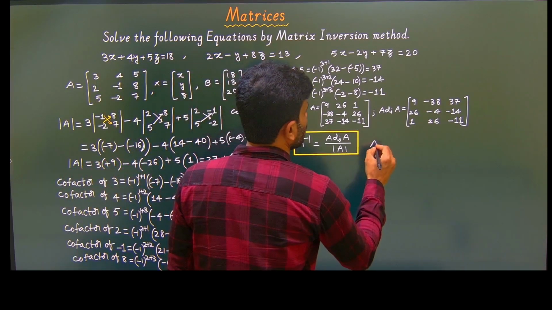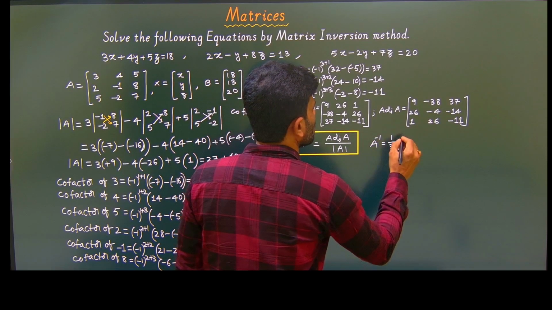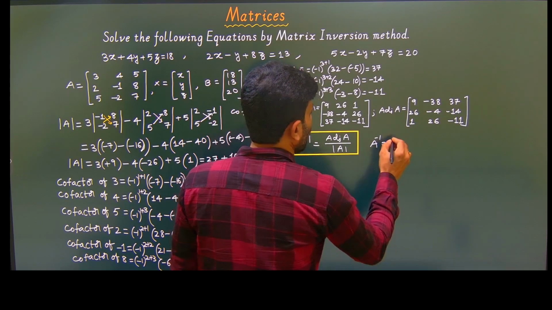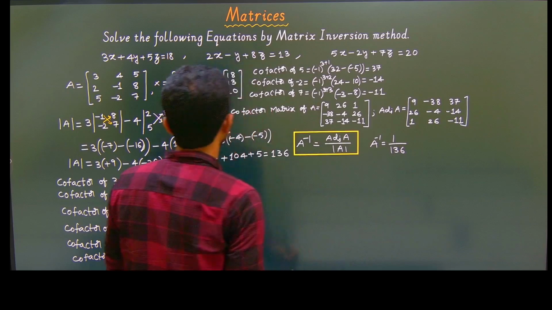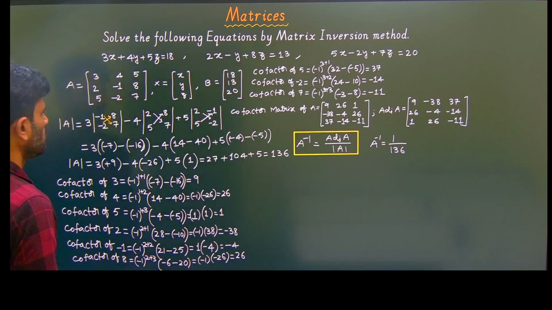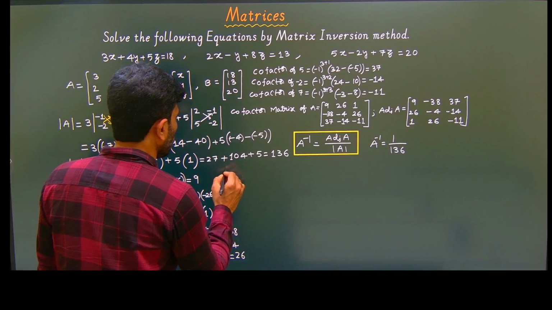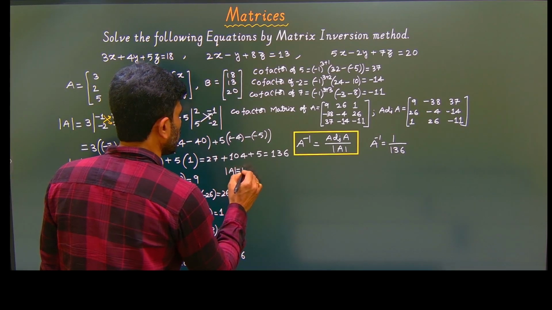So A inverse is equal to, how can we write it? 1 by, oh, it is not 1 by 36. It is 1 by 136, because det A we got 136. So let us write the det A value also here. Det A value we got 136.